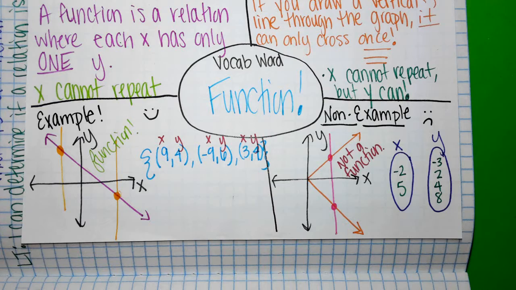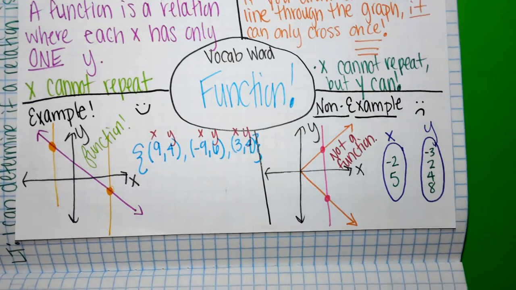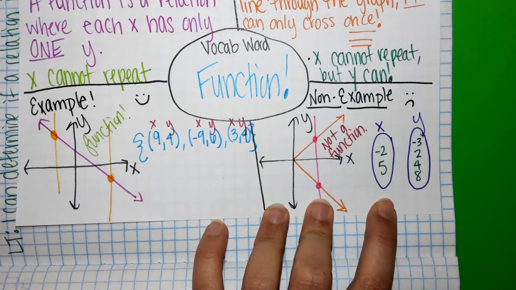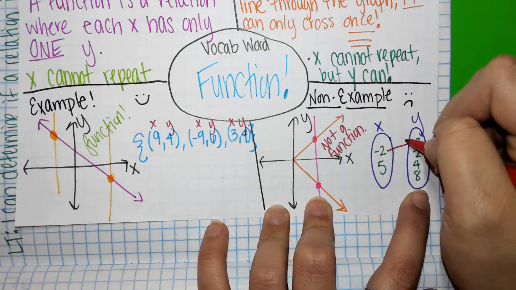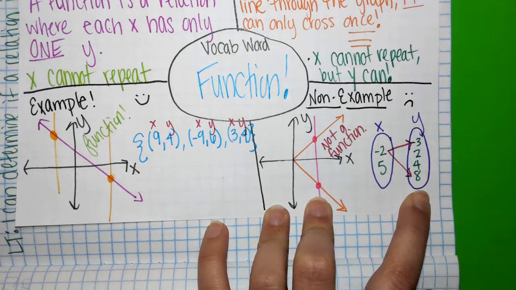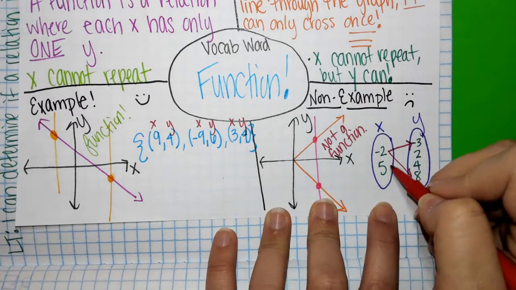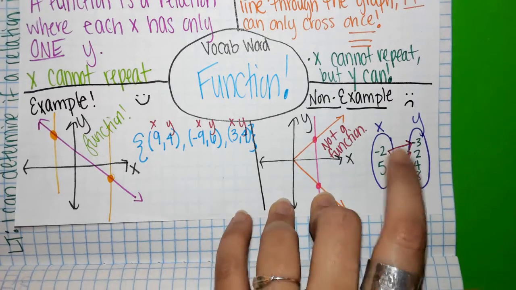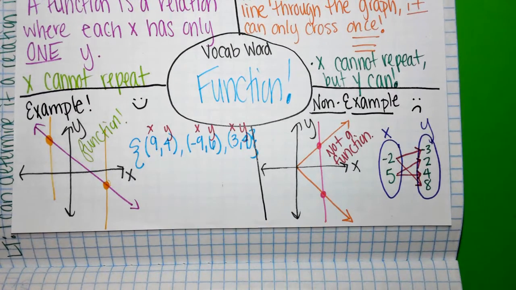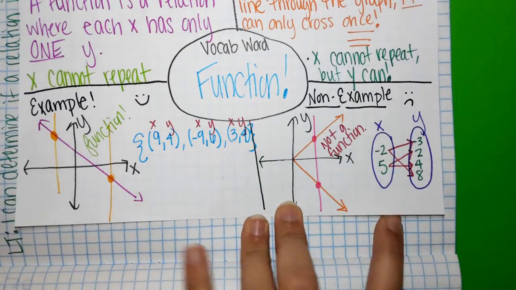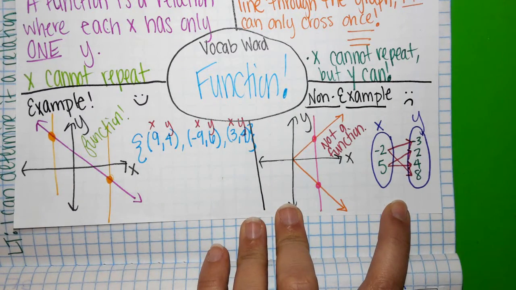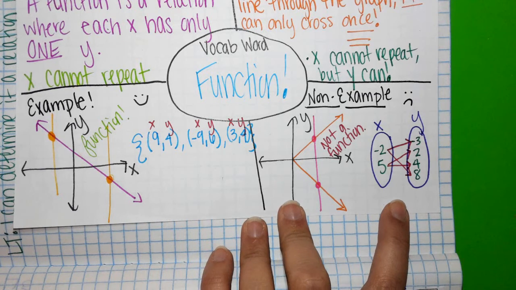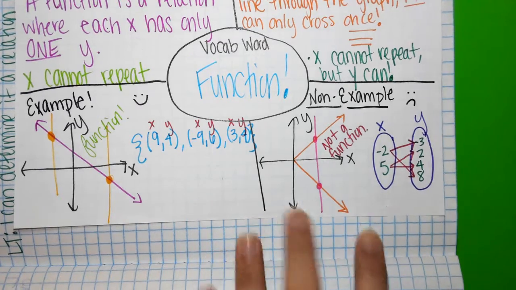Alright, so now this is what it's going to look like if it's not a function. X cannot repeat. My x value repeats because I have two arrows. So that is not a function.